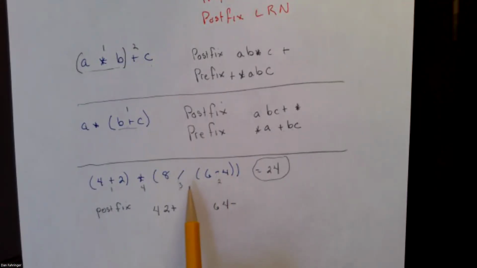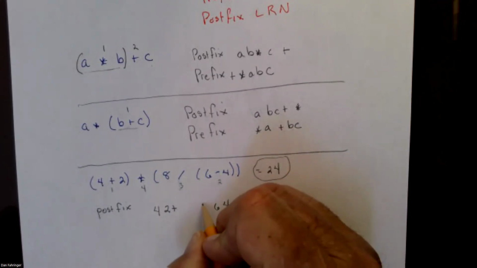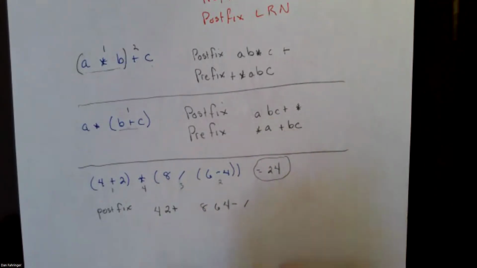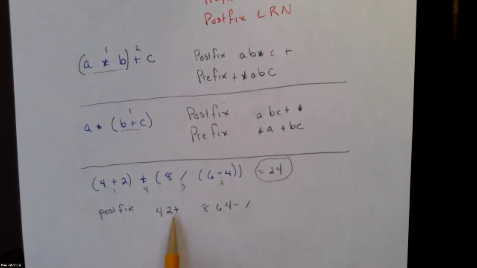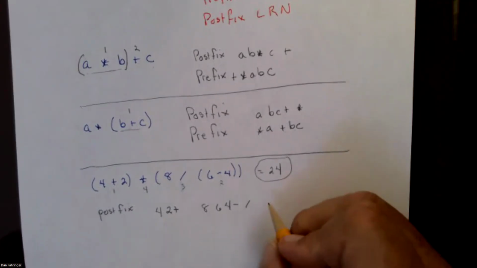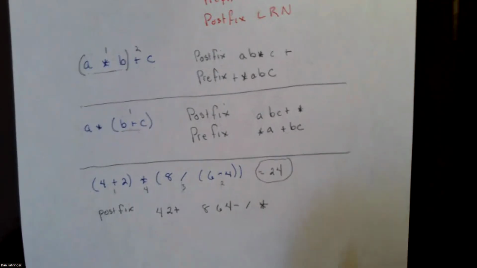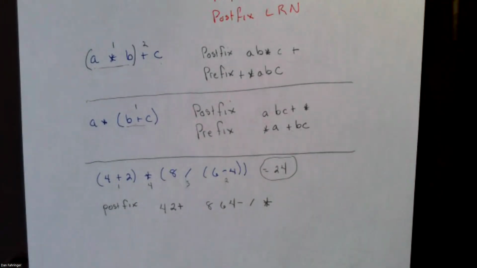So 8 blah divide. Then this first whole thing and this second whole thing, multiply. Questions?